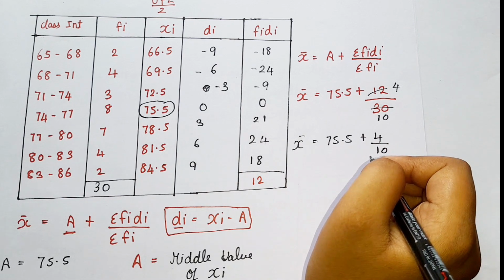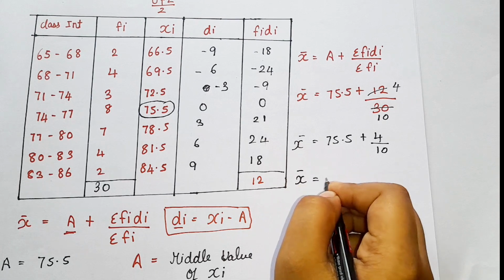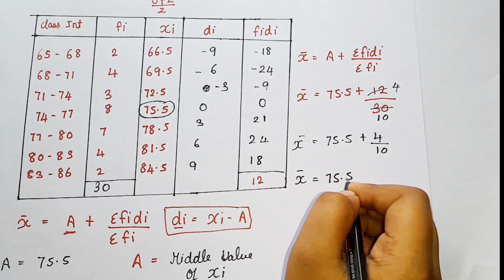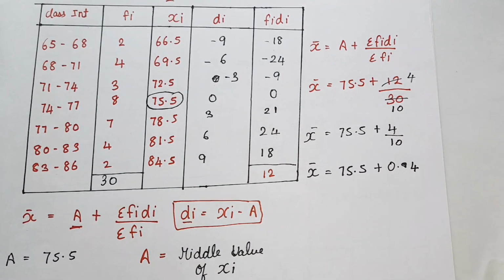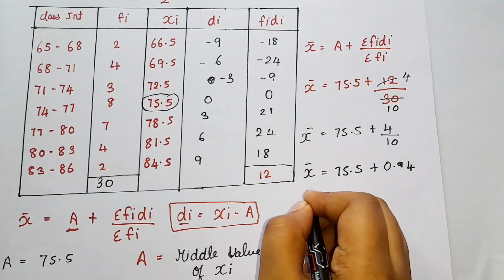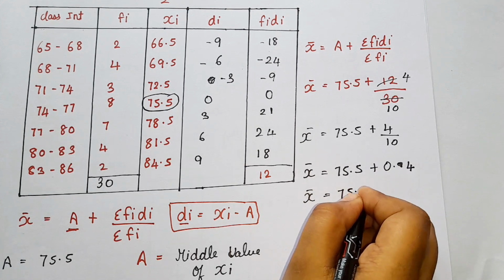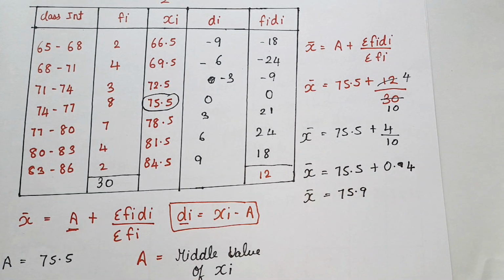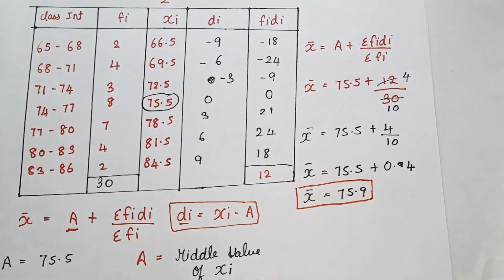I can actually write 4 by 10 as 0.4, isn't it? After writing that, when I just add them, I'll get 75.9. So this is going to be the answer. This is our mean value. So finally we solved it.